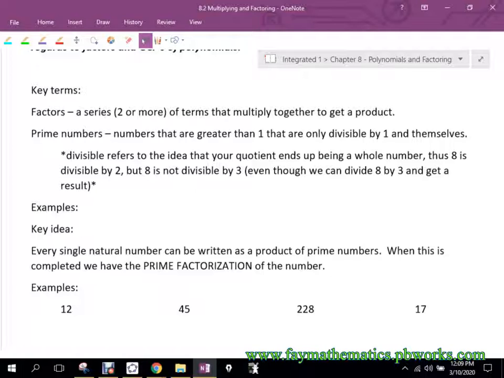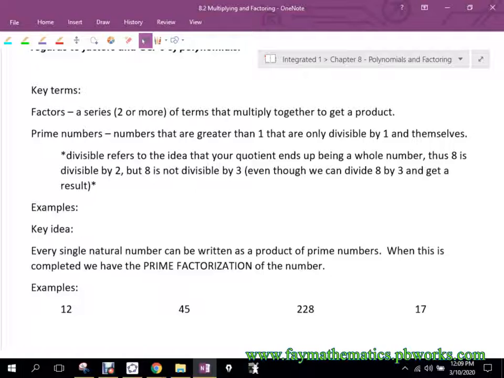Let's talk about some numbers that do not factor neatly. Like 2 is one of them. By definition, a prime number is a number that is greater than 1 and is only divisible by 1 and itself. So 13 is a number like that, 17 is a number like that, 5 is a number like that. Careful. What's 25 divisible by? 5 and 25.